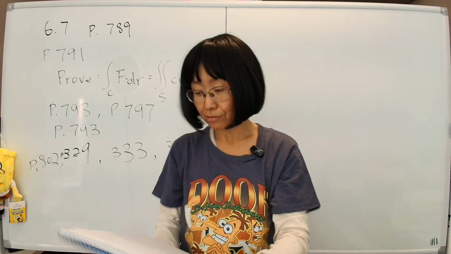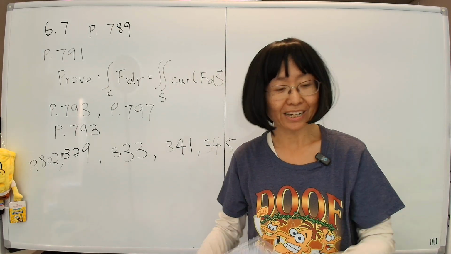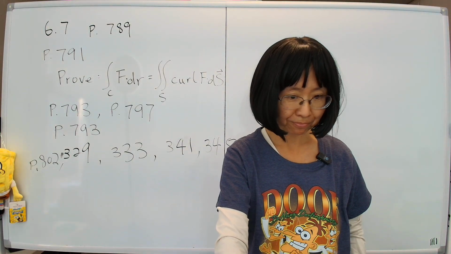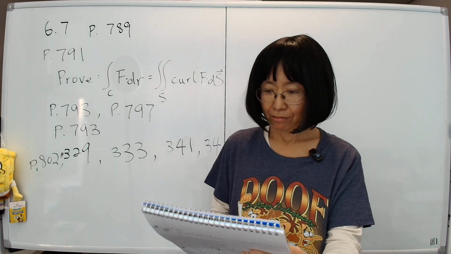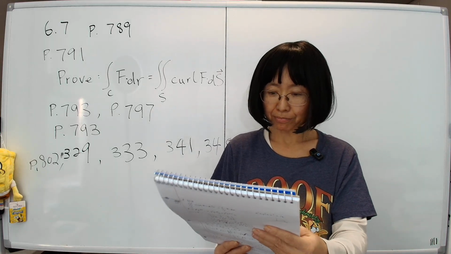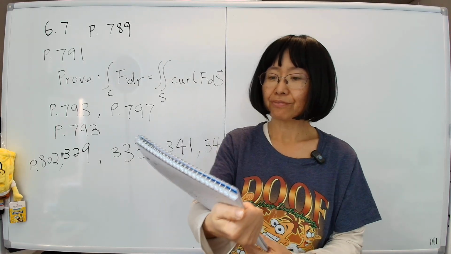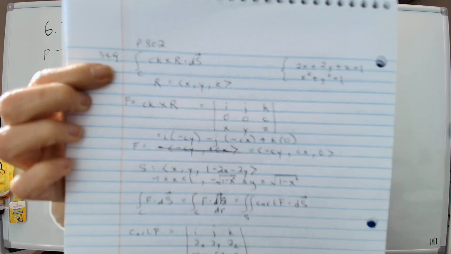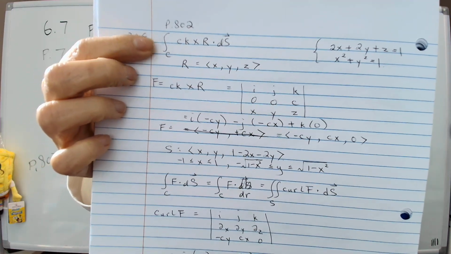Now, the hard part really in this section is just getting the parameterization right. So next, let's do problem 349, which is a kind of unusual problem, but otherwise it's a similar deal. We have the surface. I mean, this is the equation we're trying to get. You might wonder, what does that mean?